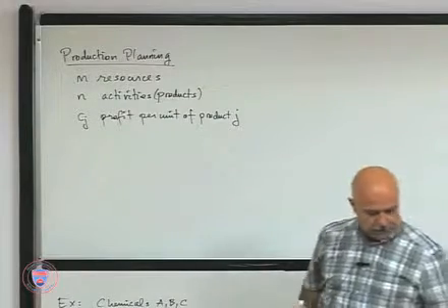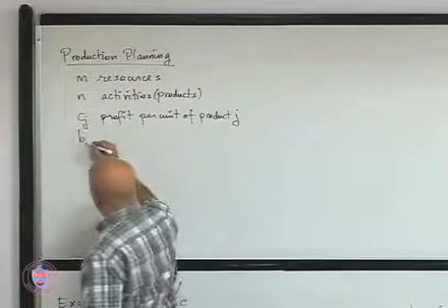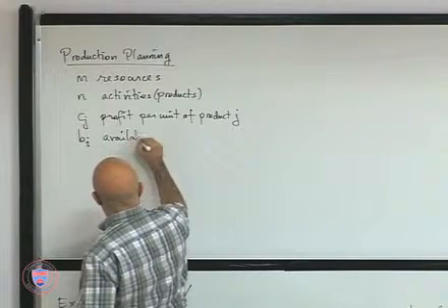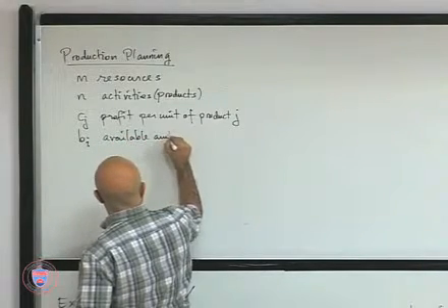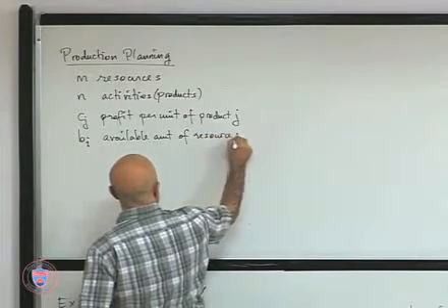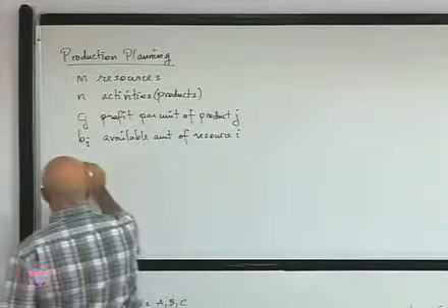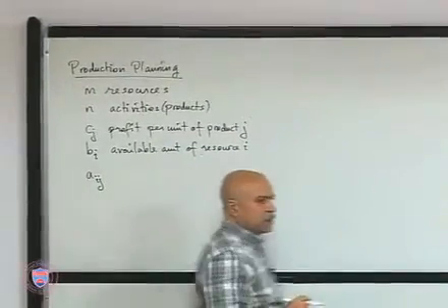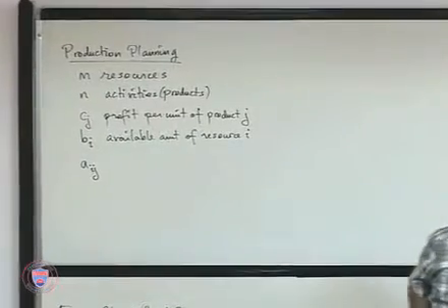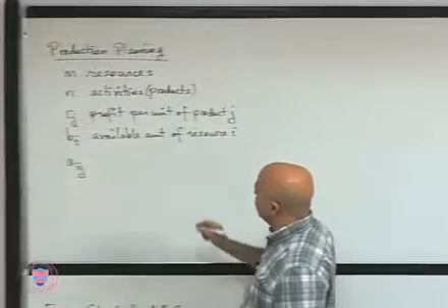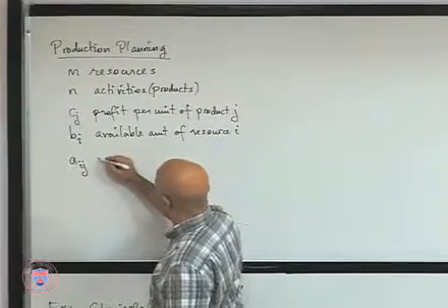And then let's take Bi to be the available amount of resource I. And Aij is the units of resource I consumed by 1 unit of product J.